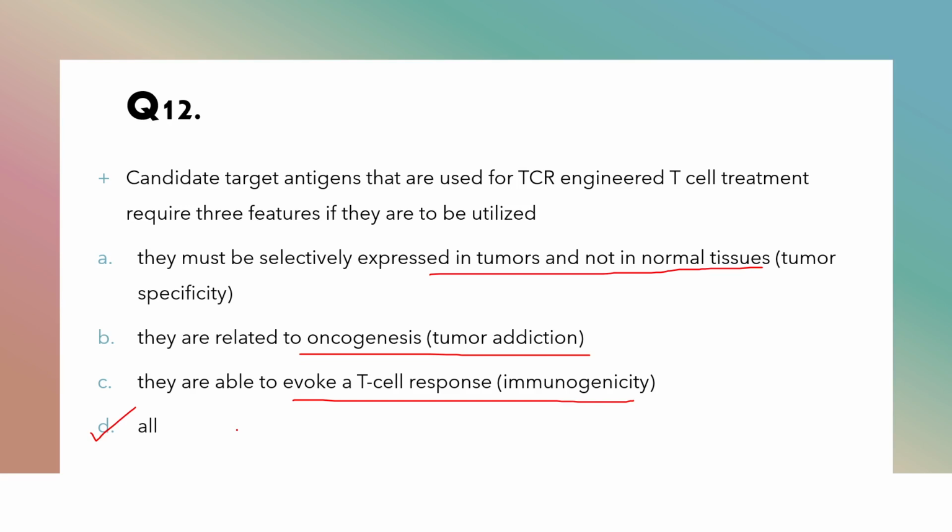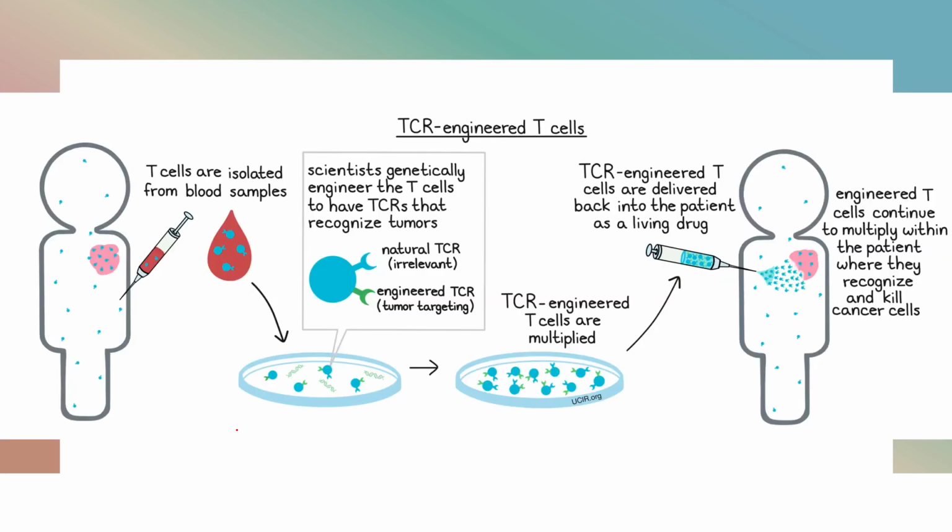Okay. Next, let's discuss it more, the T cell engineering cells. So for example, here is the patient, and we extracted blood from that patient. Okay, this is the tumor, shown in pink color, isolated from the blood samples. These are the T cells, that is natural T cell receptors, and scientists genetically engineer the T cells to have T cell receptors that recognize tumors.